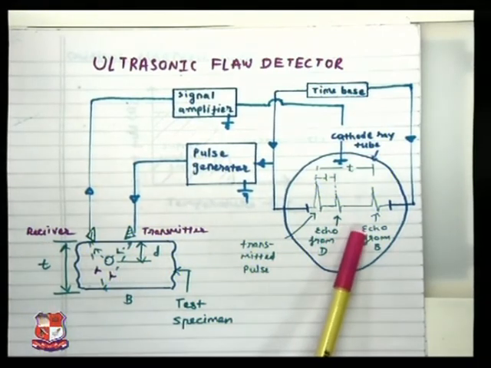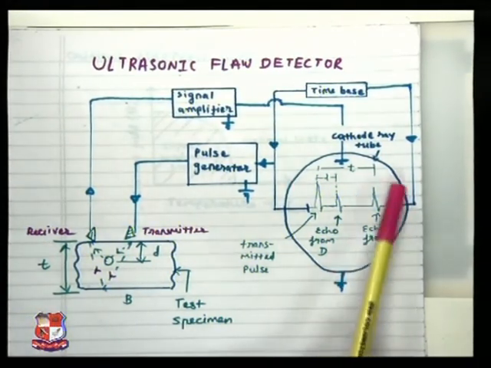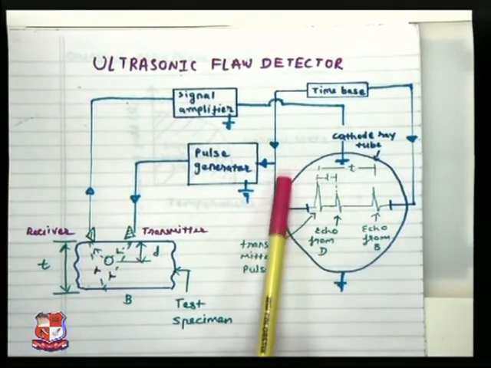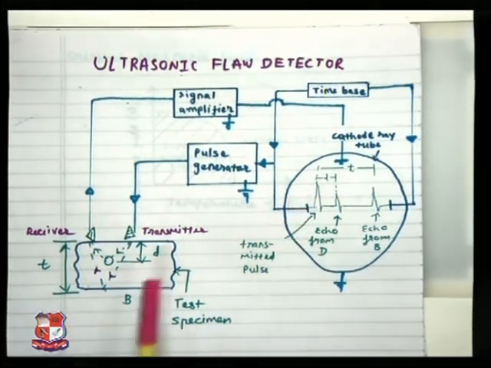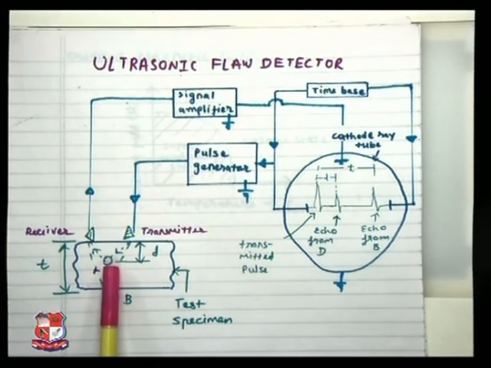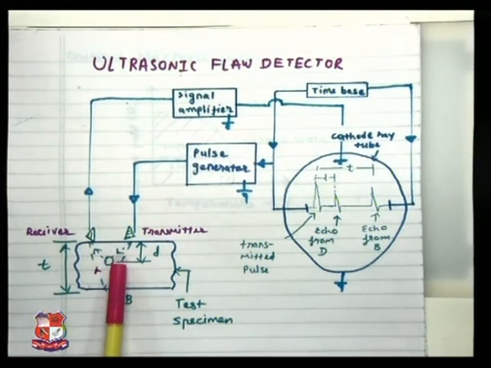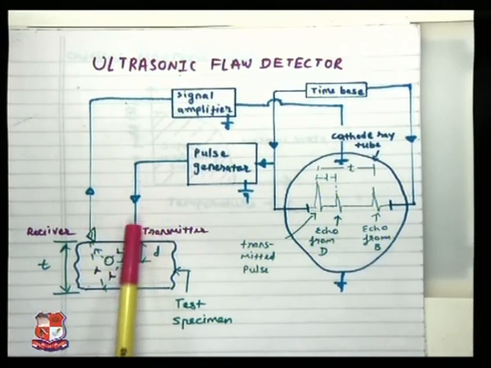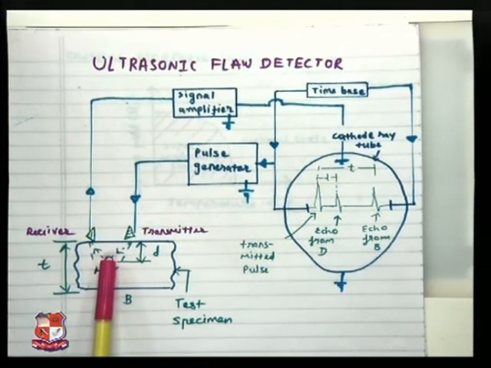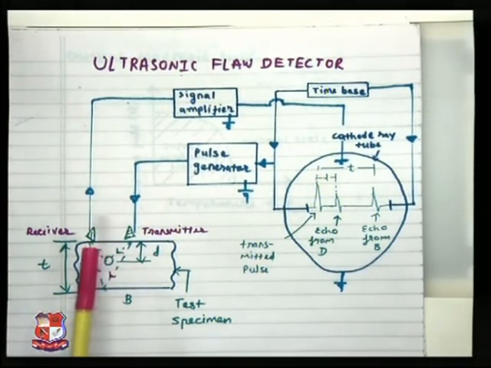That means this pulse represents the echo from B, and this represents the transmitted pulse. Now suppose there is an obstacle in the form of a defect or crack, the ultrasonic wave will fall on that obstacle or defect and it will revert back.